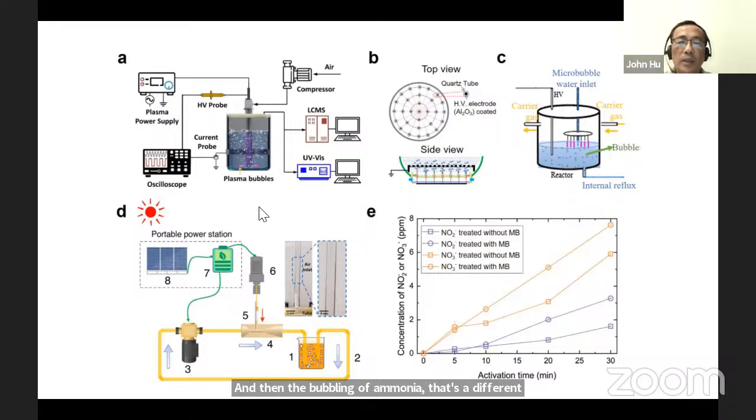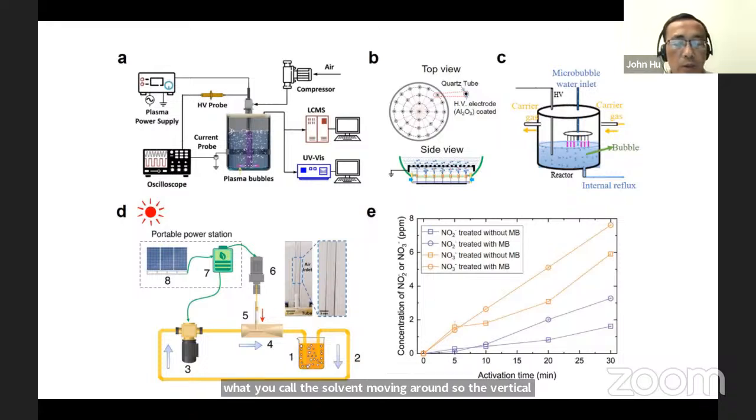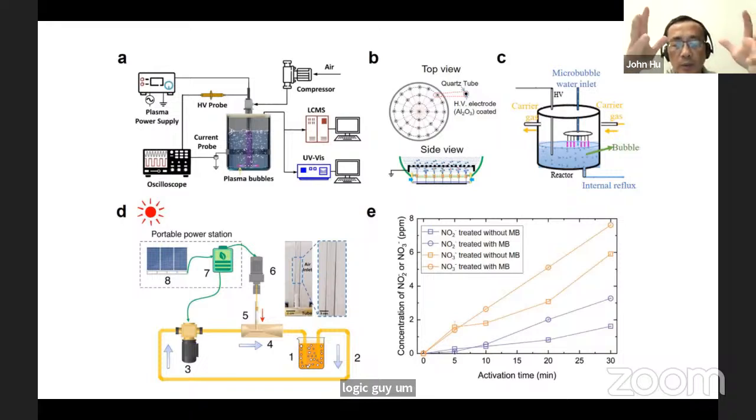They are very successful using cold plasma in the food processing industry to kill bacteria, because the liquid is moving around. They want to pre-process the material and kill all the bacteria so that the food will not get contaminated.